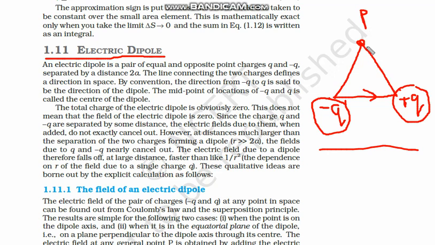There must be some electric field. The reason was that there is a small difference in the positions of these charges. Difference means difference in terms of distance.